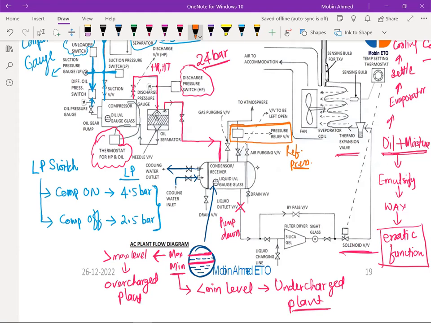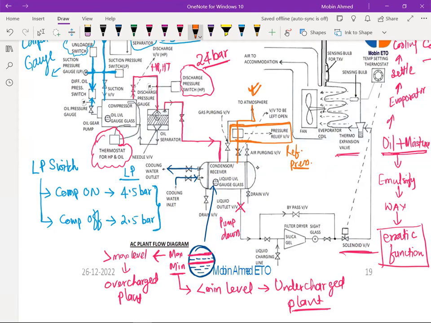If it goes beyond a certain level, this valve is going to operate. The setting will be much more than 24 bar. If it goes beyond that, the relief valve operates and releases all the refrigerant to the atmosphere. All your vapor has gone to the atmosphere. Finished. Nothing will be left in the condenser.